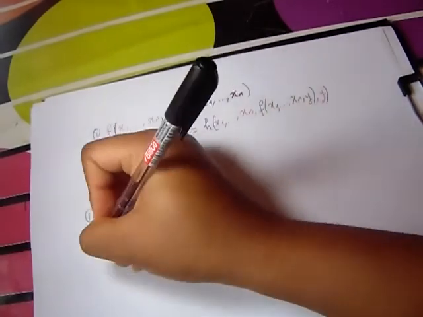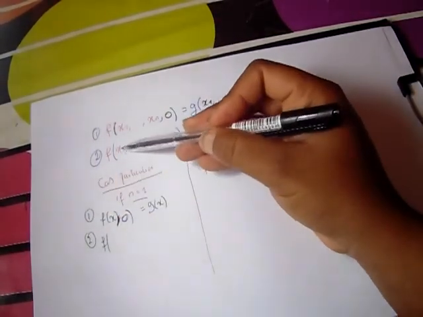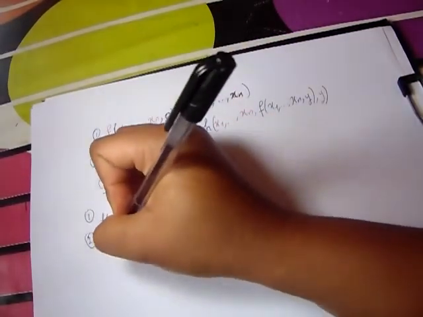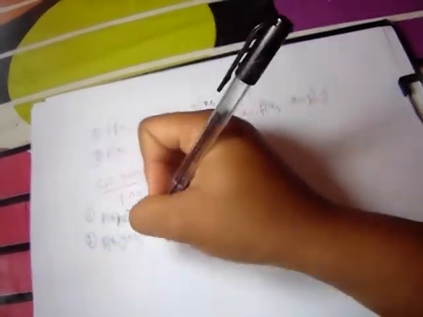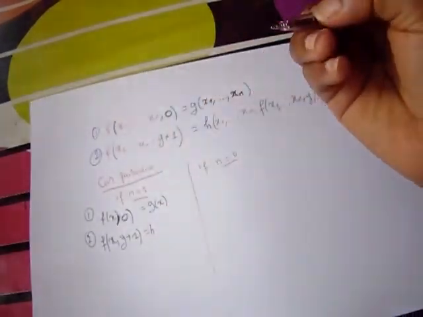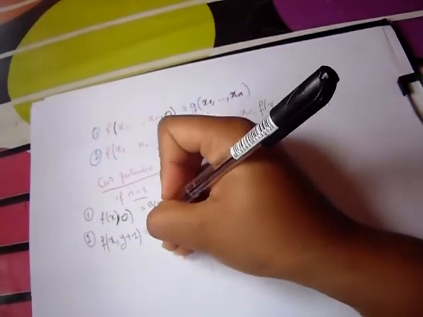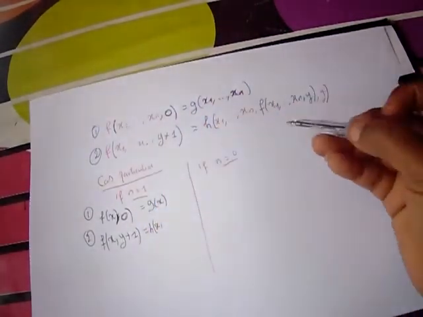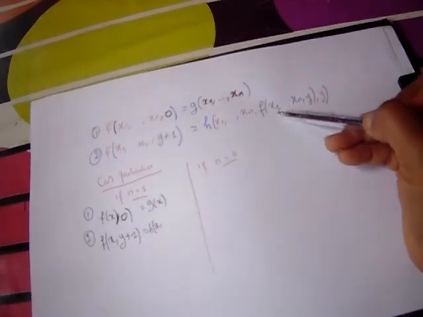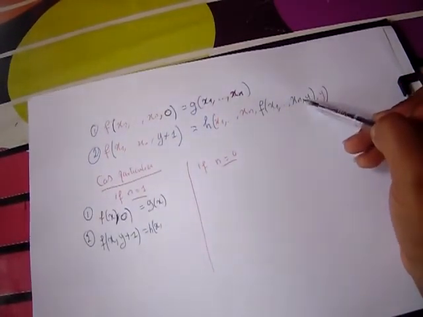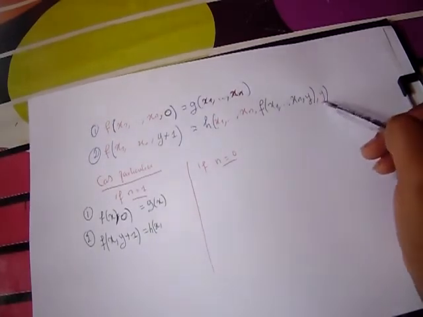For the second stage, it will be f of x, since n is 1, and then y plus 1, which will give us h of x, then f of x comma y, and y.